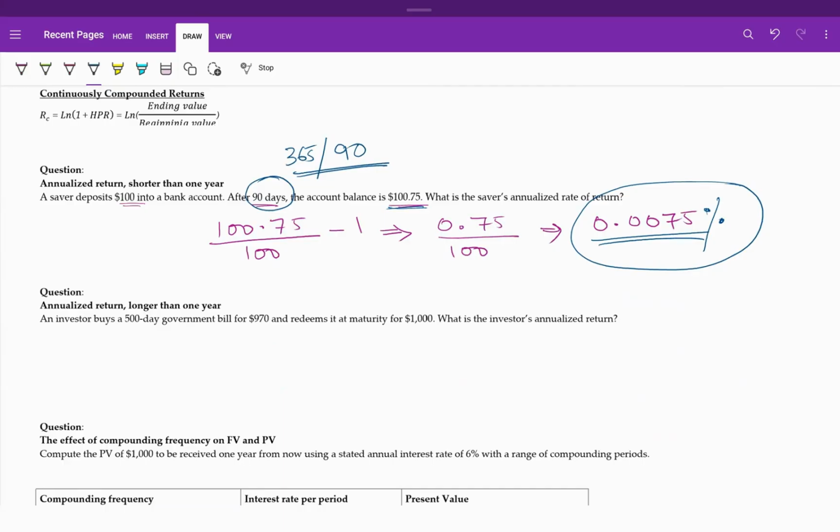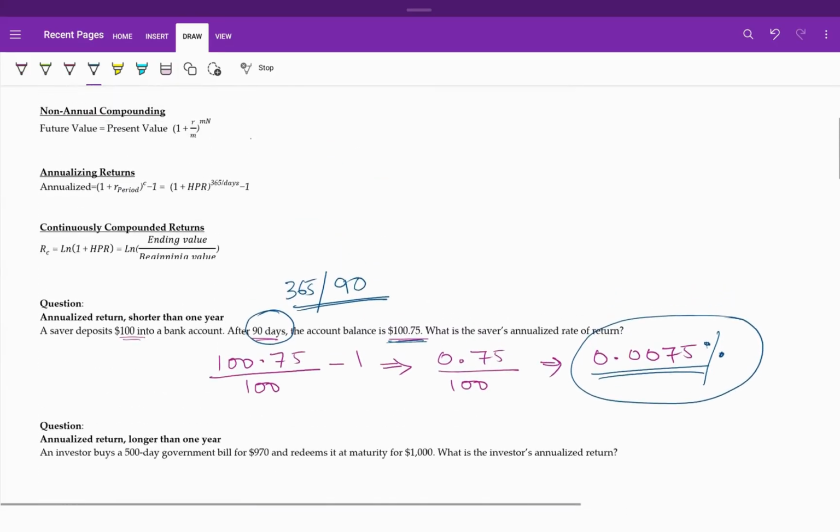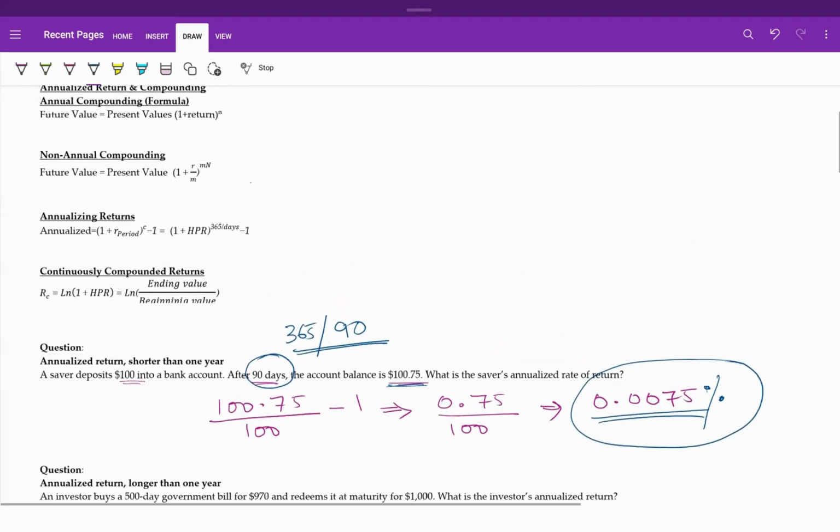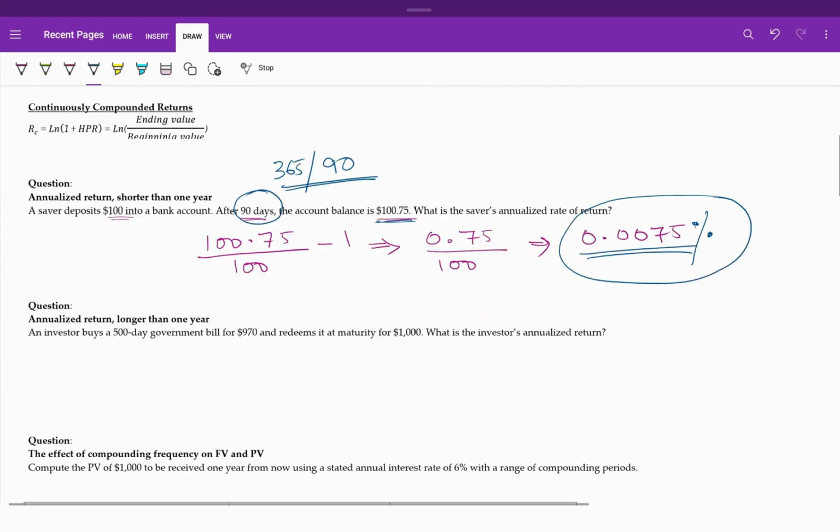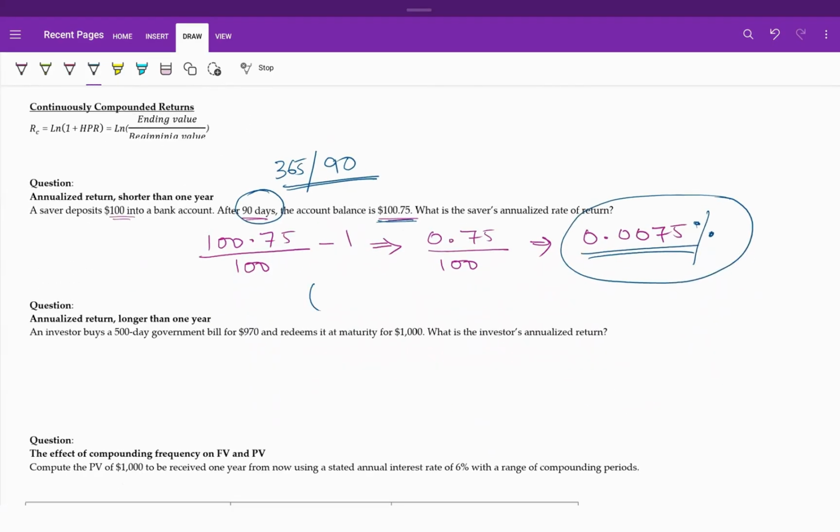So if I plug these things in the formula, it's going to be 1 plus 0.0075 to the power 365 divided by 90, and we subtract 1.